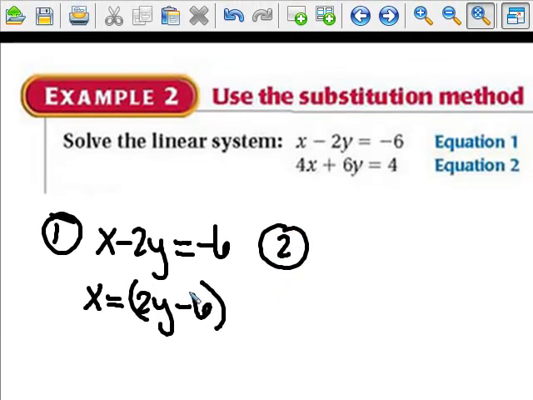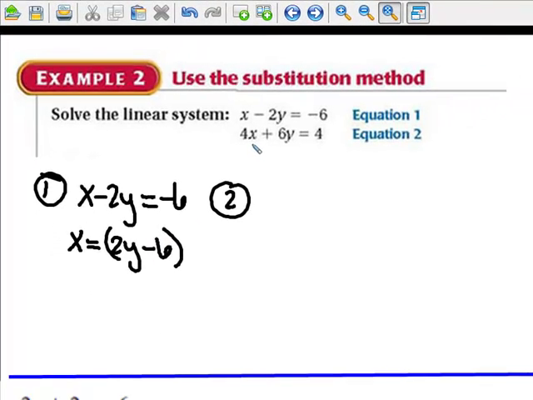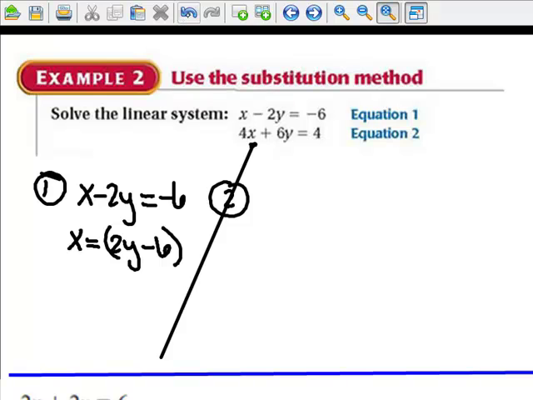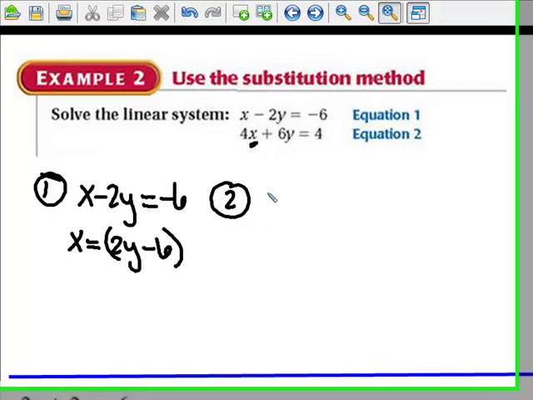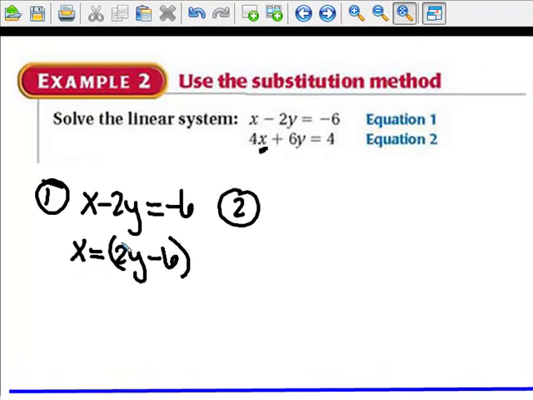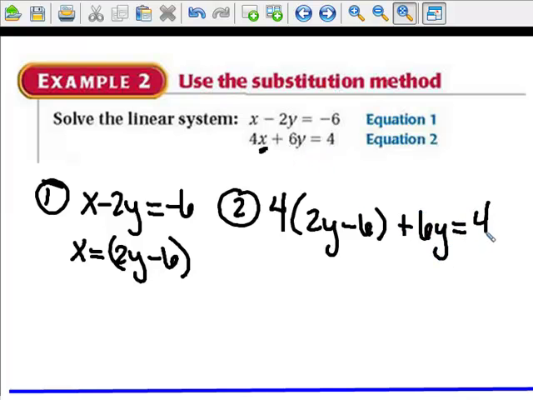Step 2, I substitute this new expression into the other equation. So right here I'll substitute it in for the x, because I'm saying x equals this expression. So we have 4 times (2y minus 6), and then don't forget the rest of your equation, plus 6y equals 4. The reason we do this is because we can only solve these equations if they're in terms of one variable.